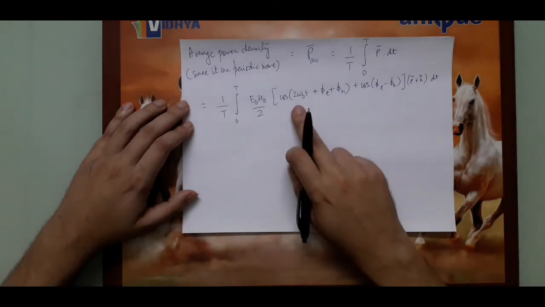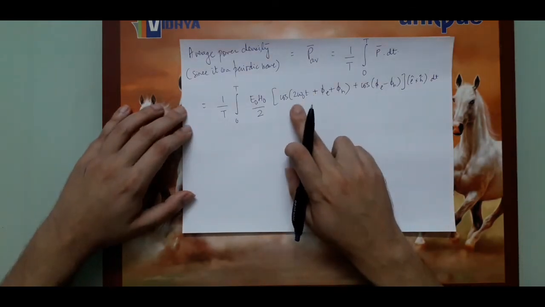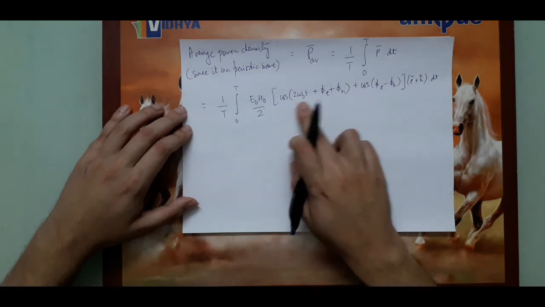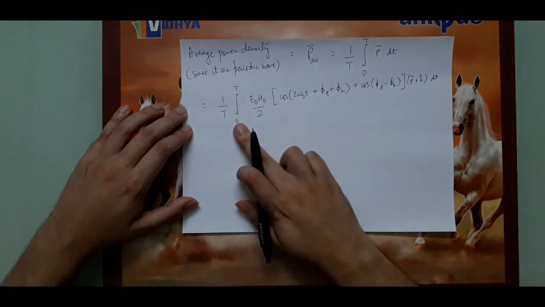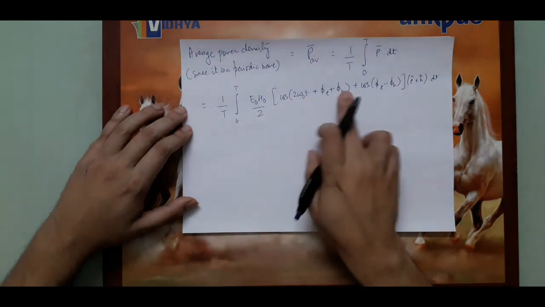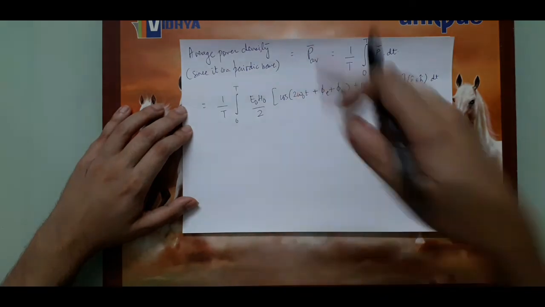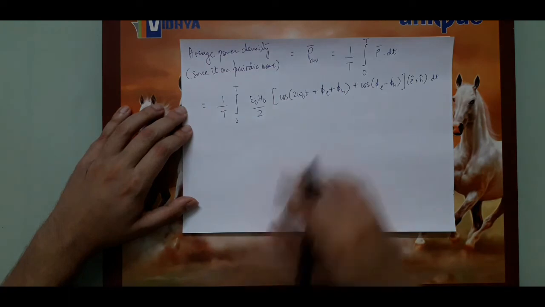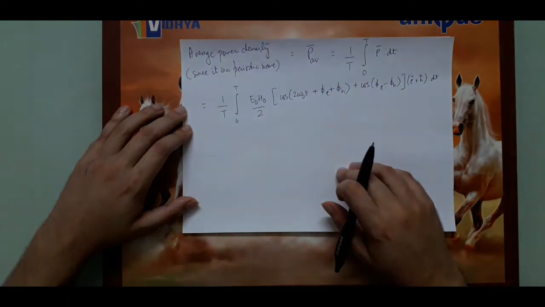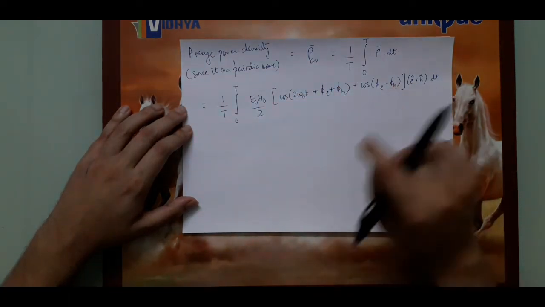So immediately we can see that this is a cos 2 omega t term, and therefore in one time period of the wave, this term will complete two full cycles. So therefore the area under this curve will be 0. So effectively this disappears. What will remain is this quantity.